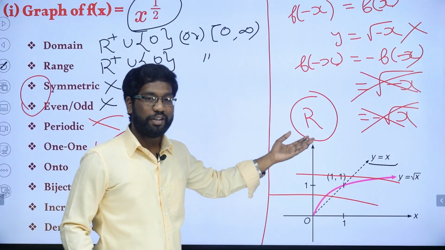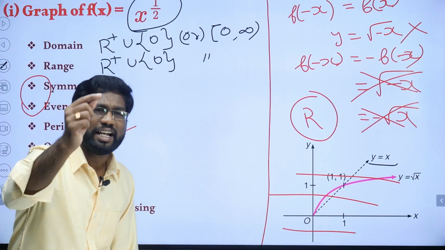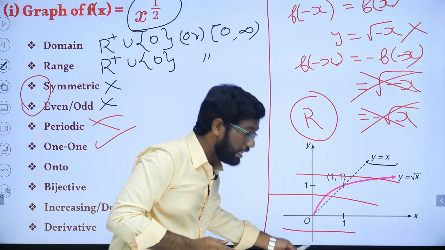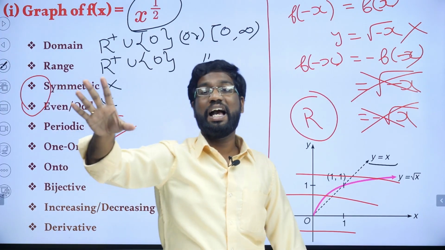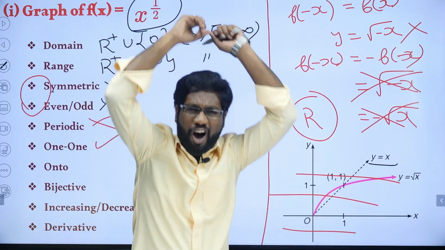In R, wherever I draw the line, it has to strike at least once; more than once is also possible. If it is not striking even at a single place, then for R that is not an onto function.